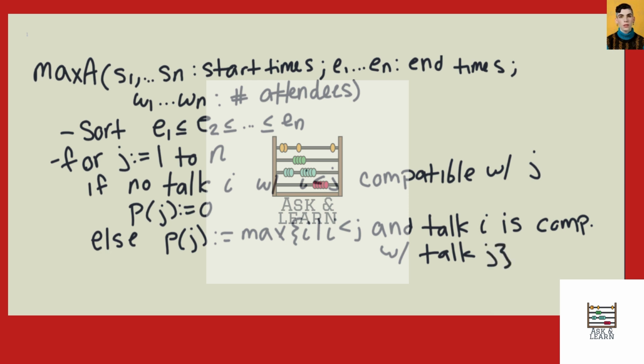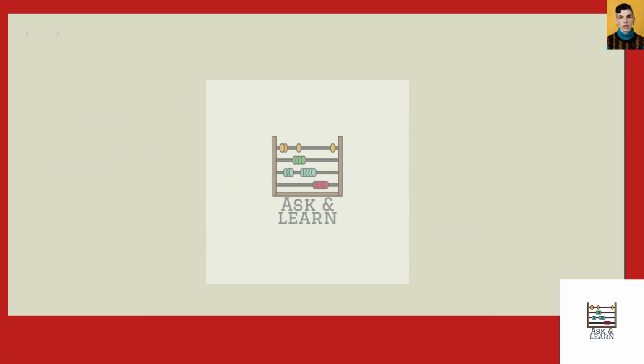Okay, so I'm going to move on a few more steps here. We're going to let T of n keep track of the maximum number of attendees at any given point. So we're going to want to initialize it to 0.